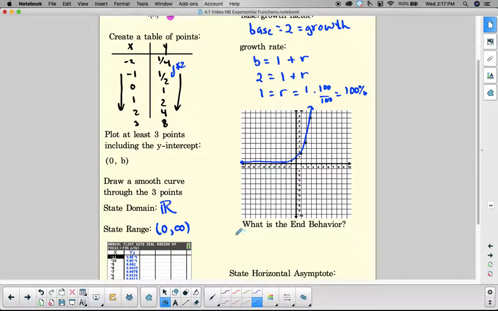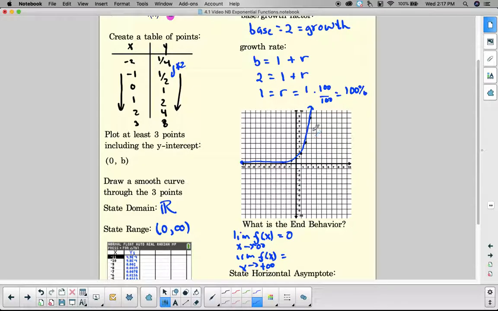And we can say that the limit of f of x, I think that's our function name, as x goes to -infinity, f of x is going to 0. And then the limit of f of x as x goes to positive infinity.